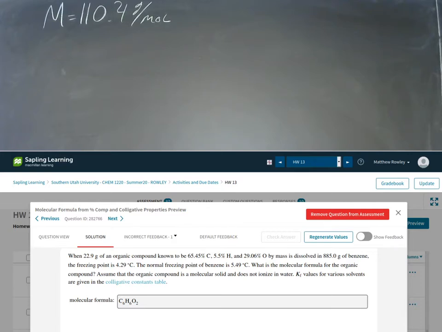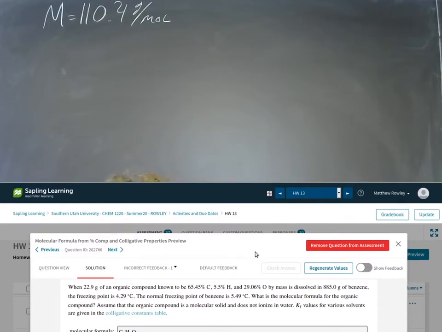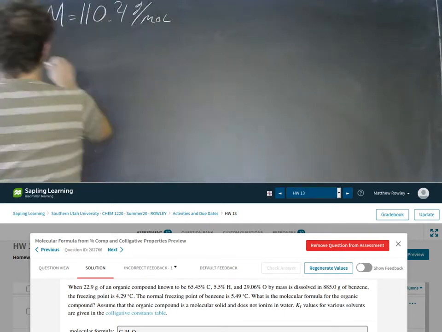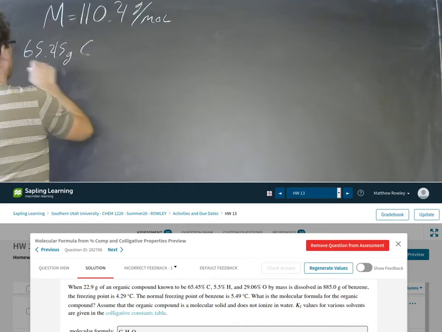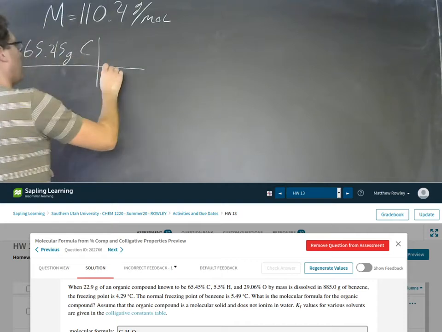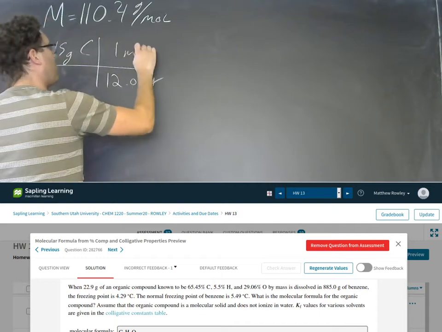That can turn all of your percentages into grams, right? Like 65.45% carbon is going to be 65.45 grams of carbon. And then I know it's 12.011 grams for every 1 mole of carbon.